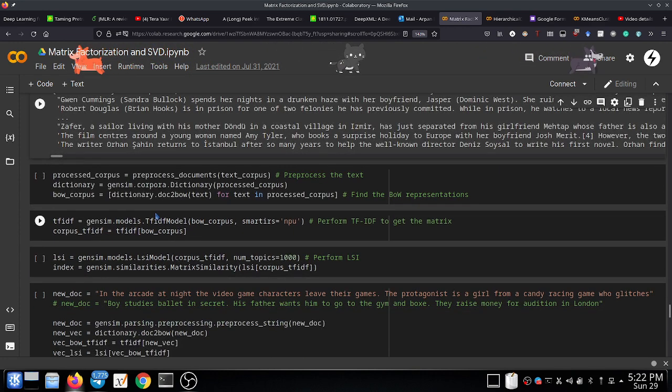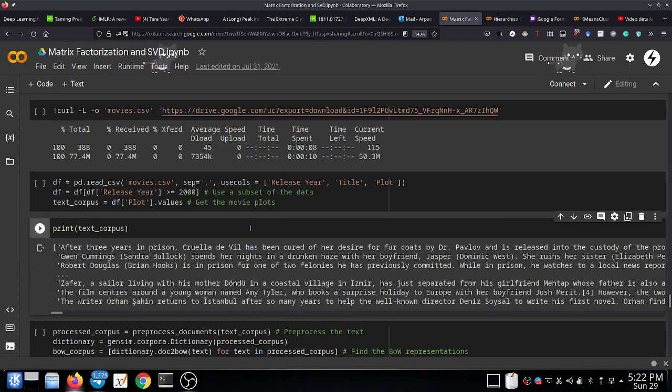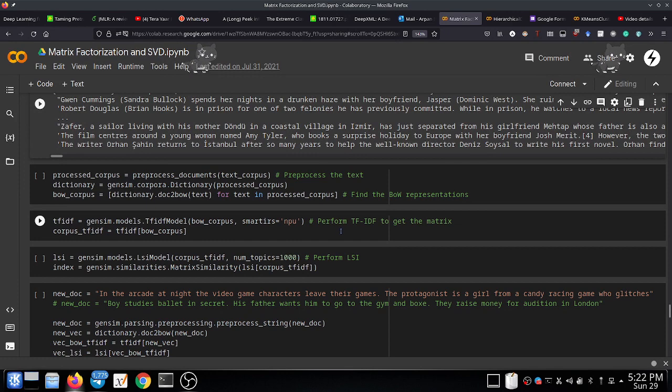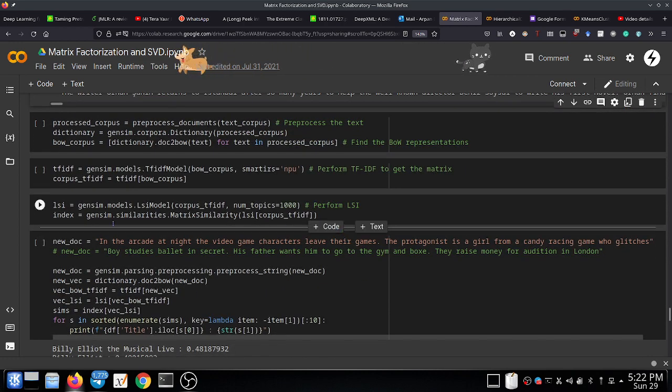Here we are using something called TF-IDF, but that is not something very complex. TF-IDF is a metric to represent how important a word is in a sentence and so on. So I guess you have encountered TF-IDF at some point.